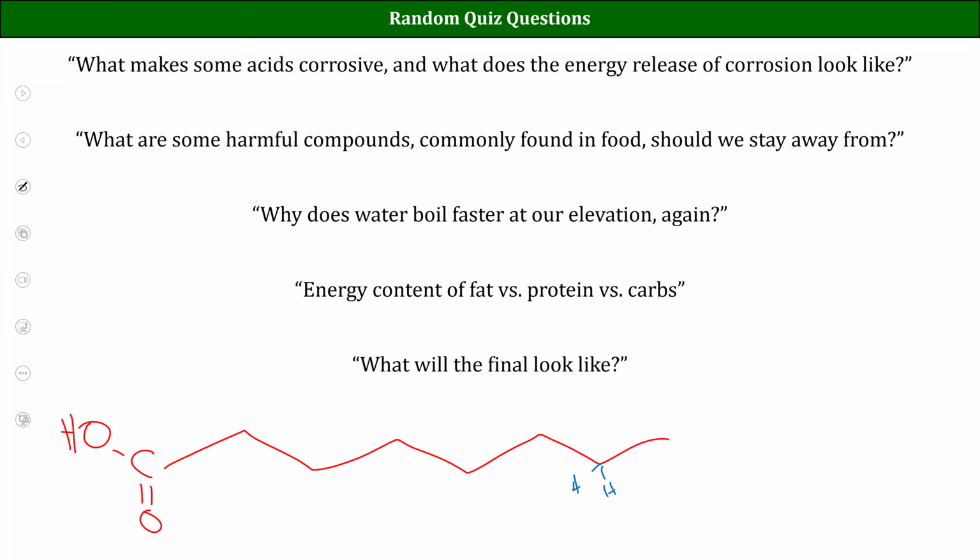So what our body does when we ingest anything that it can digest is it takes these carbon-carbon bonds and turns them into carbon-oxygen bonds, turns it into CO2. That's why we exhale CO2.